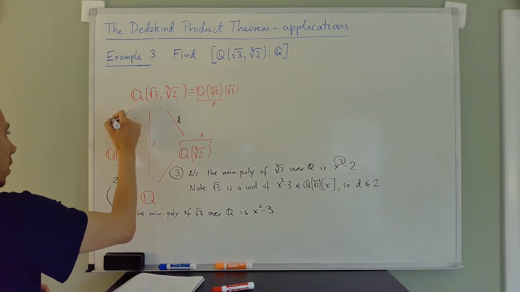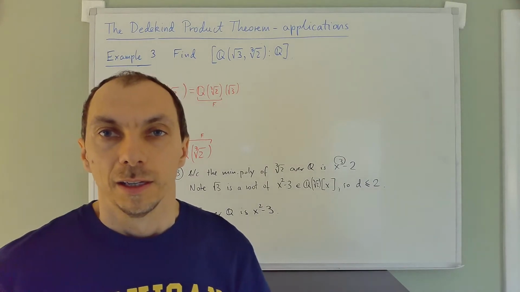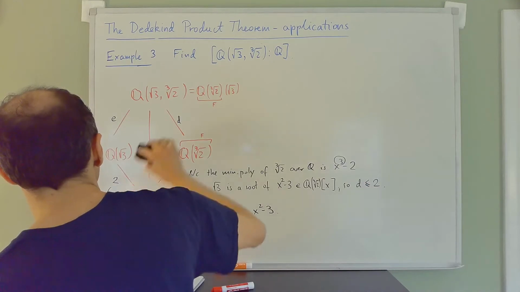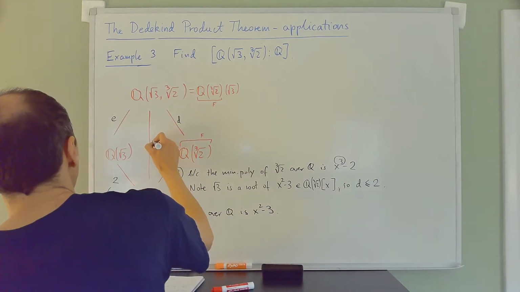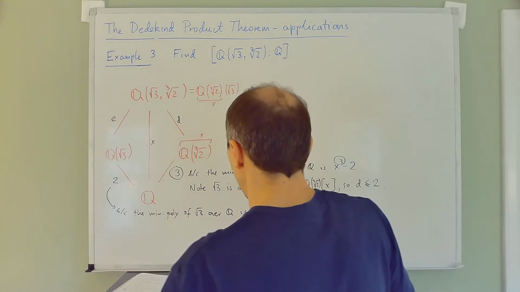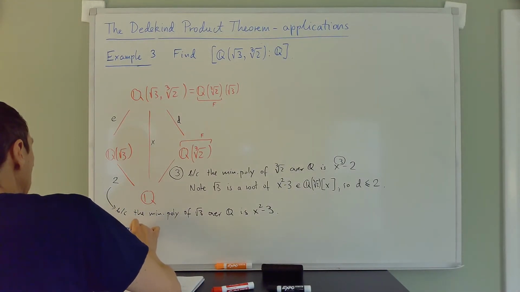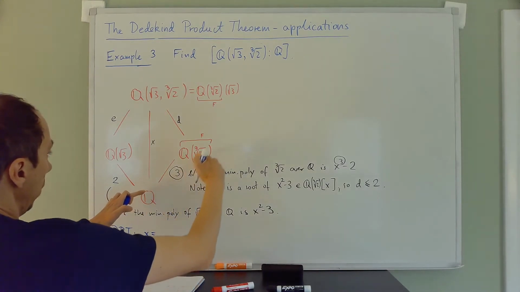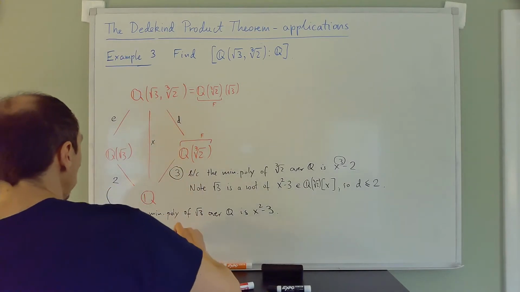And I don't know this one here. Let's call this question mark, the one that I want to know about, x. So the Dedekind product theorem gives me some very interesting information. It tells me that x is equal to, well, I can go up this way, so it's 3d, or I can go up this way, so it's 2e.